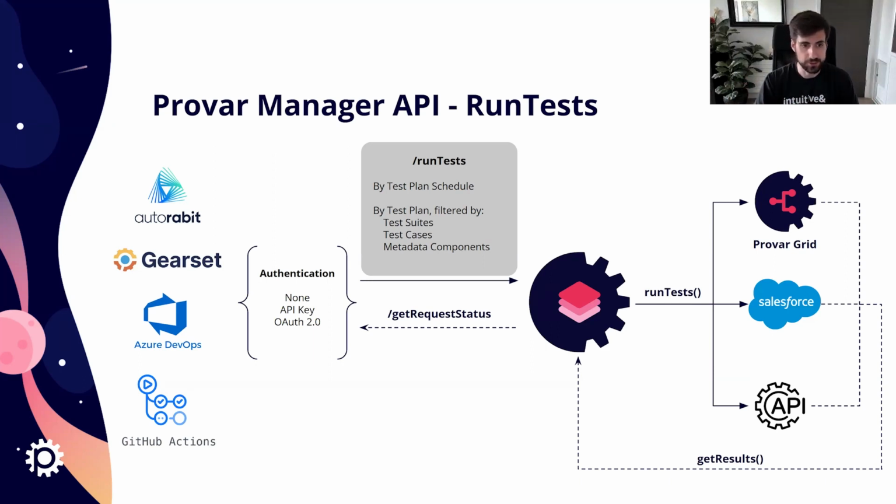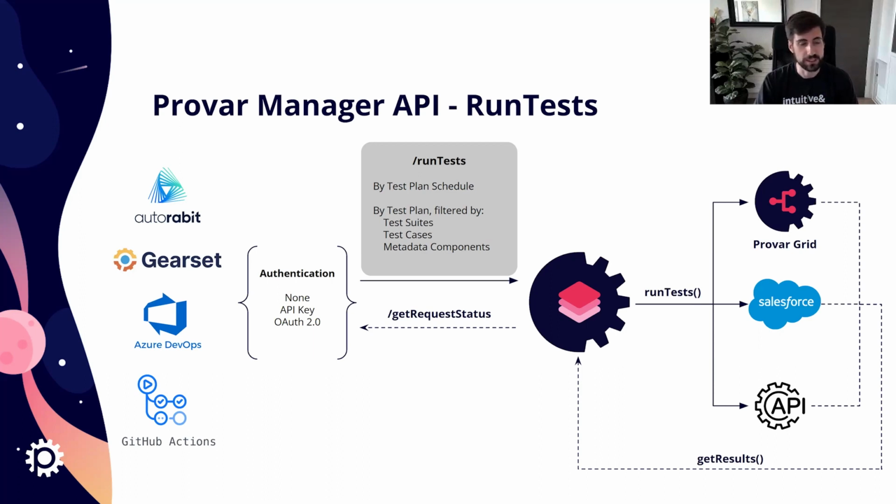Using authentication like API key or OAuth 2.0, you can run tests by a specific test plan schedule that you may already have prepared beforehand, or one that you reuse again and again.